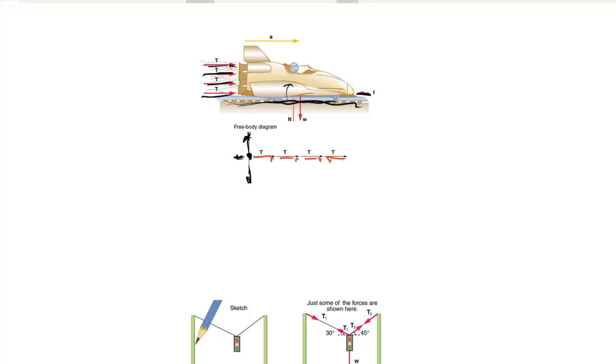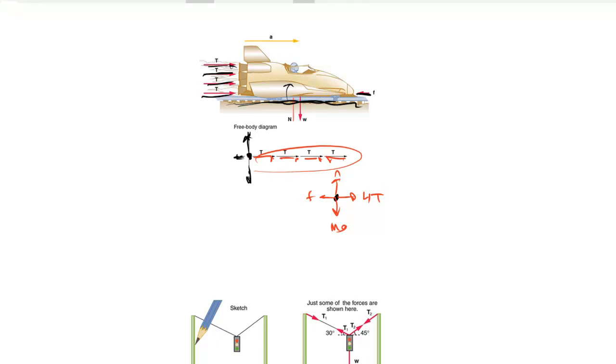We could just as easily have drawn a free body diagram that looks like this. So we have a weight acting down here, and a frictional force like this, a normal force, and then we could have just said this is 4T, so 4 thrusters, because we'll sum up all of them in the x direction anyway.